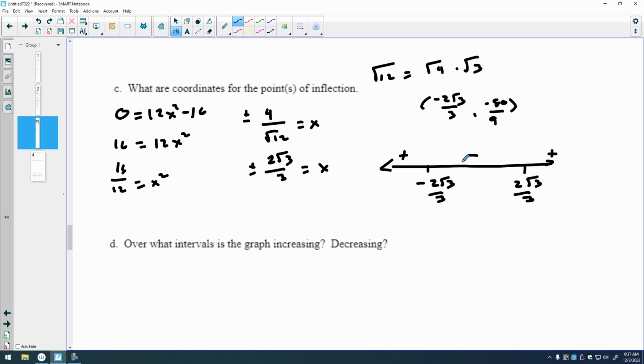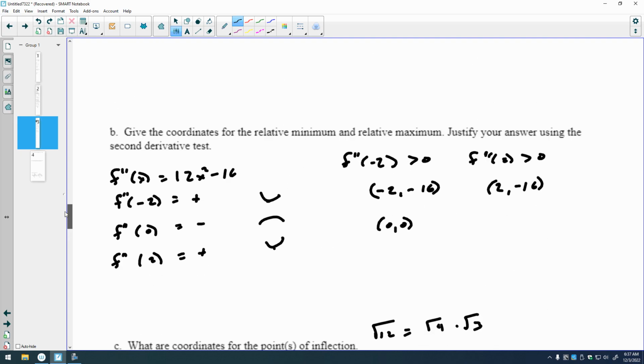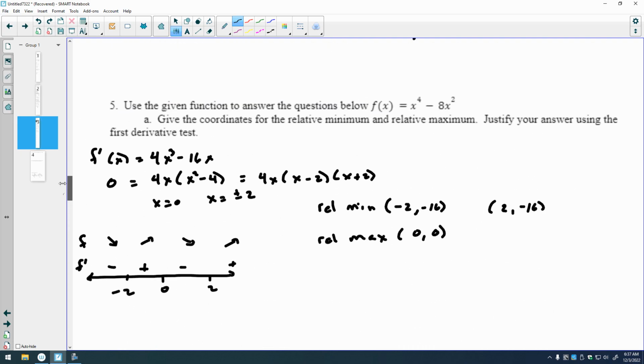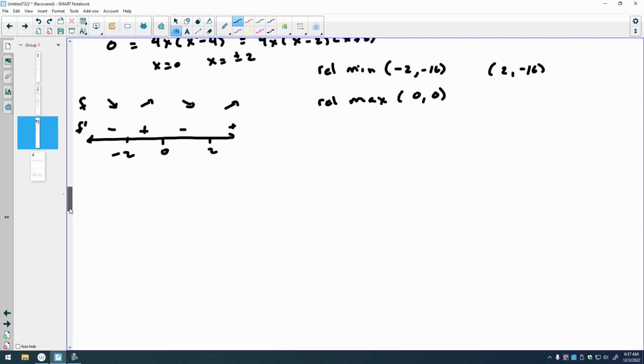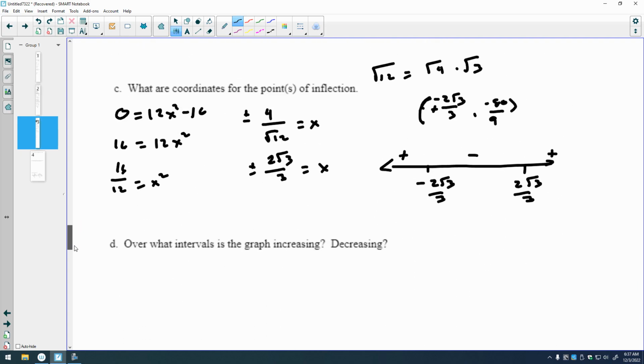Okay, and I could show all that, but I think you can do that. Now, if I plug in both of these, that is also the same value. So I'm just going to cheat and go when x is plus or minus that value. Because notice, because of the even exponent, you're going to get the same value whether you put in a positive or negative 2 √3 over 3.